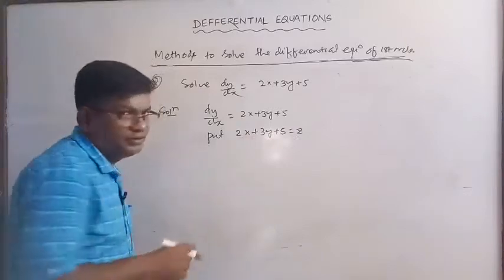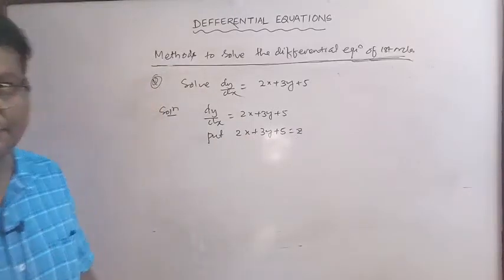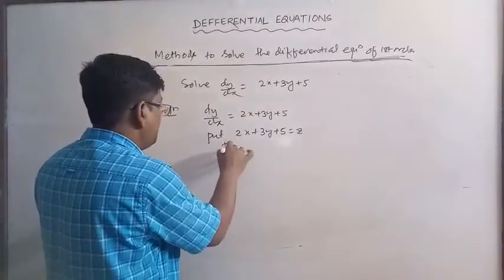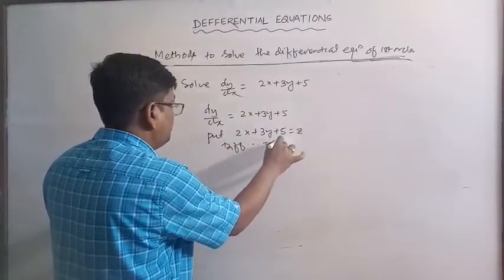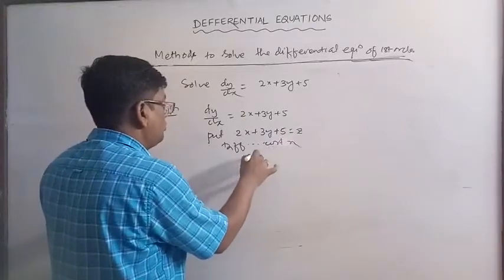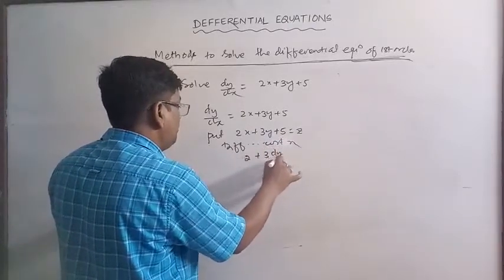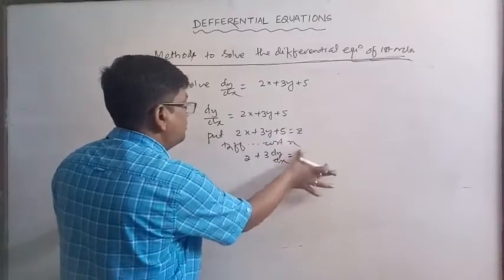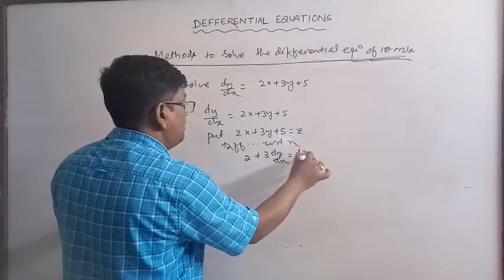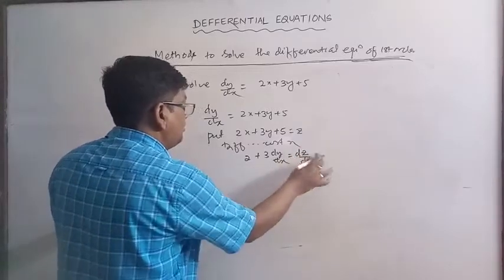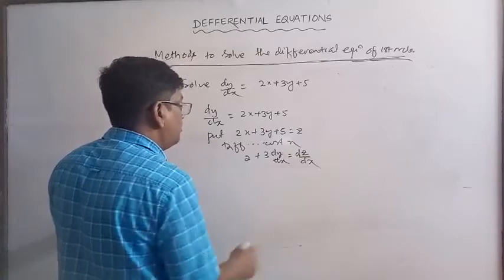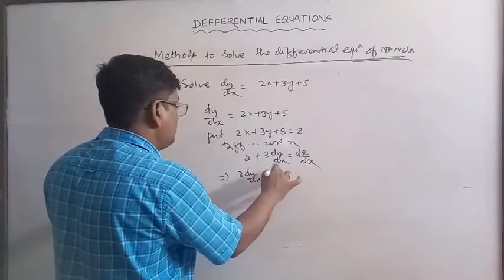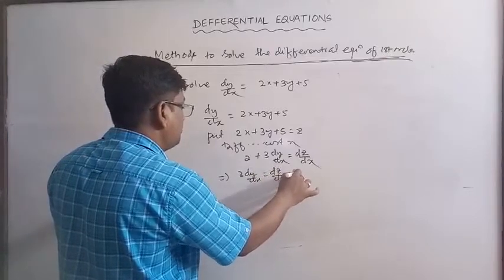Differentiate with respect to x. So 3 dy/dx = dz/dx - 2.